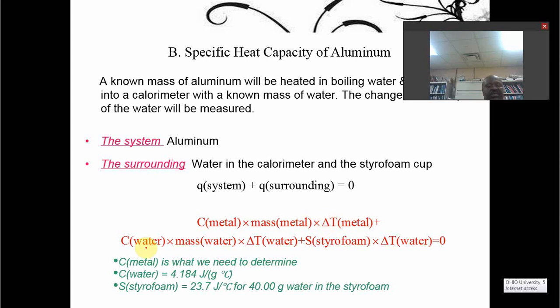For the water, we know the specific heat capacity, 4.184 joules per gram per degree centigrade. We'll know the mass of water in the styrofoam cup, and then the temperature change. This then is a correction term, a correction for the fact that in this case the styrofoam and other components actually consume energy.